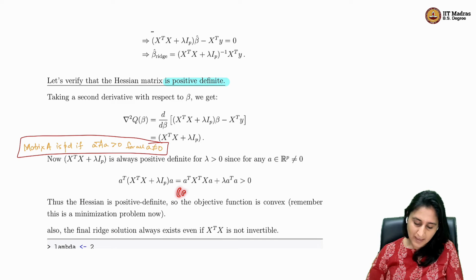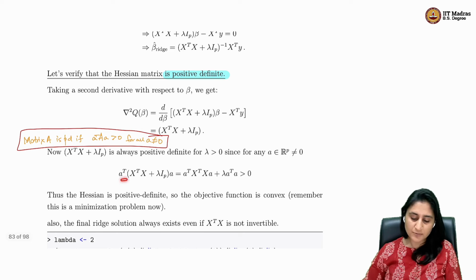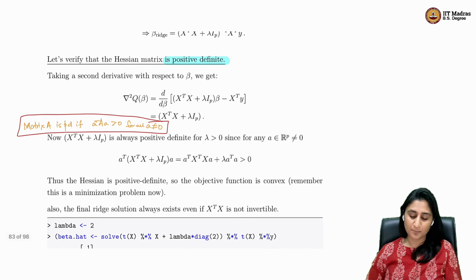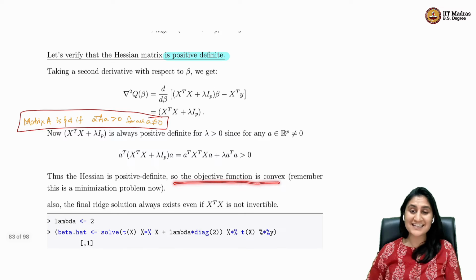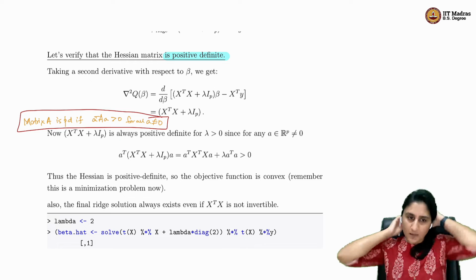This I can write as (Xa) transpose (Xa), and this thing is already positive. This is also a positive quantity, and I'm assuming that lambda is positive. If lambda was 0, then this could go away, and then this need not be positive definite. But now I'm sure that the Hessian is positive definite, so the objective function is indeed convex. Again, remember, I'm trying to minimize and not maximize here.